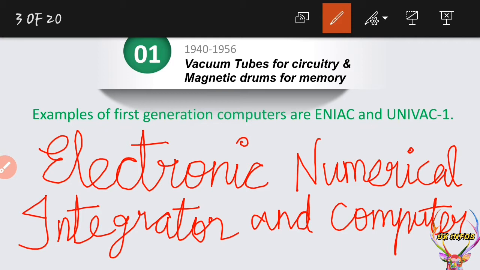All the first letters make ENIAC. This is an example for the first generation. It's a very important question. When you are attending competitive exams, they still ask the same question: what does ENIAC stand for? ENIAC stands for Electronic Numerical Integrator and Computer.